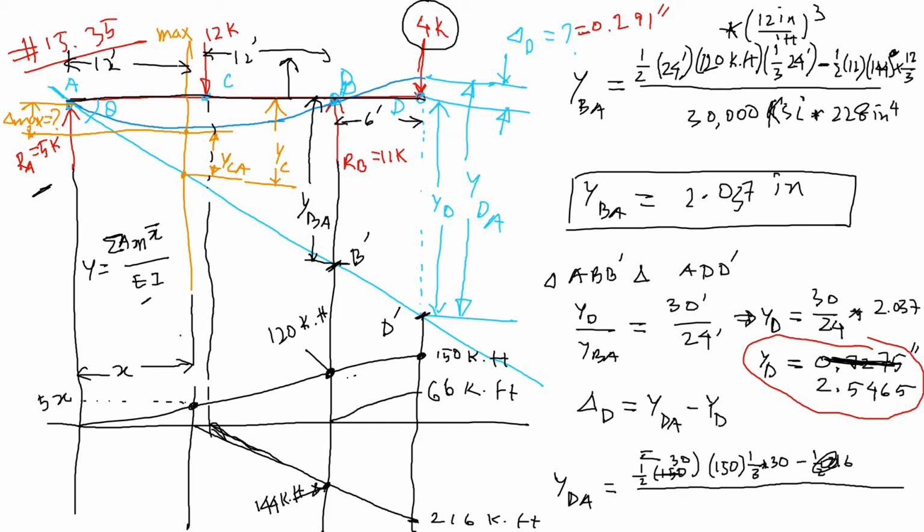Now we want to calculate the maximum deflection. We said that it's going to happen at x distance. So to calculate maximum deflection, we can use the first area moment equation, which is theta, and theta can be calculated from YBA and then AB.